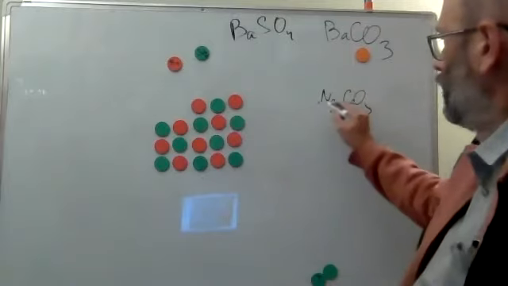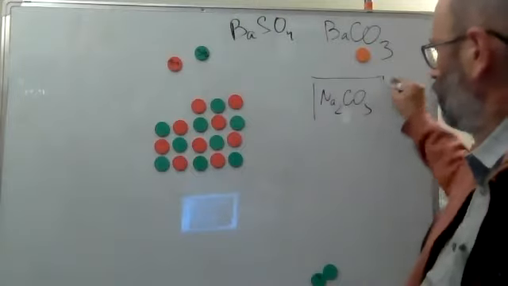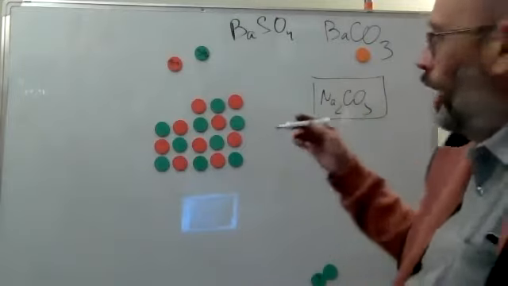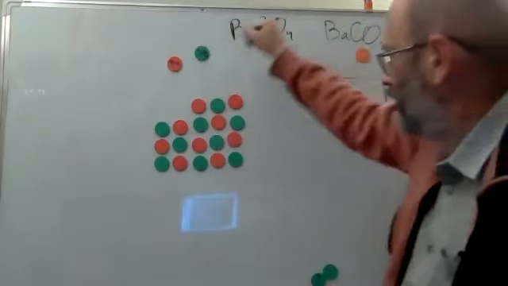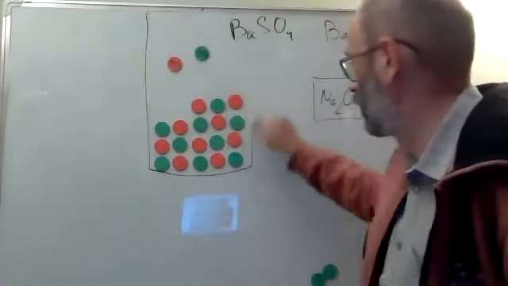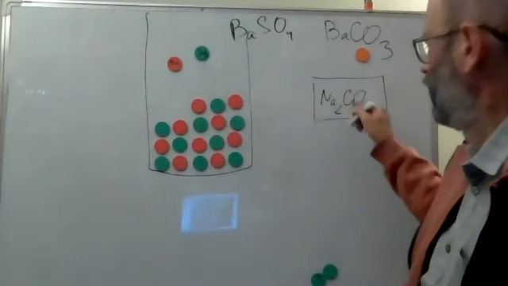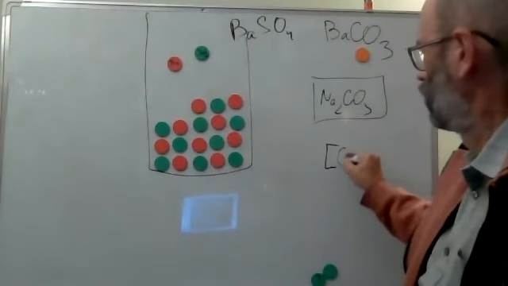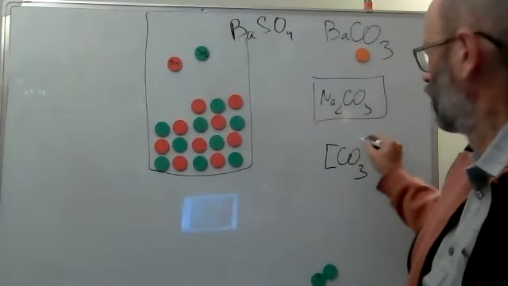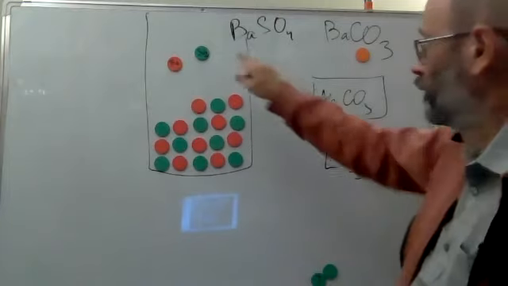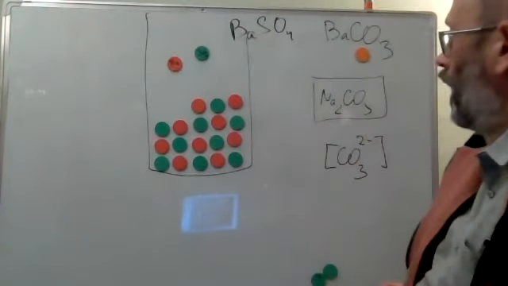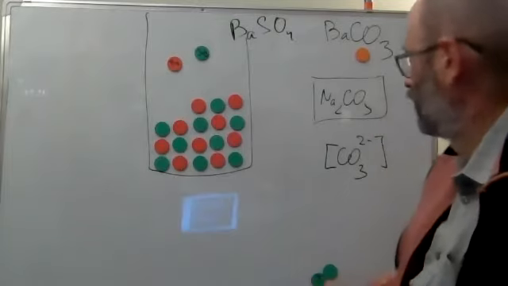This compound is washing soda. It is soluble, and by addition of sodium carbonate to the solution, we bring a large amount of carbonate ions here.